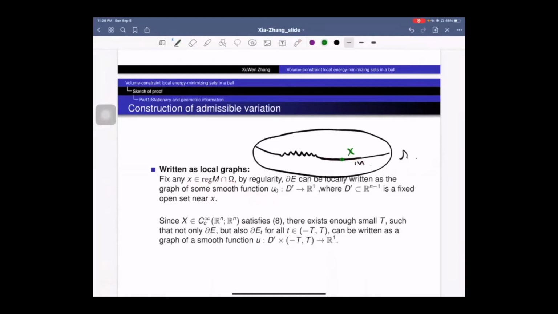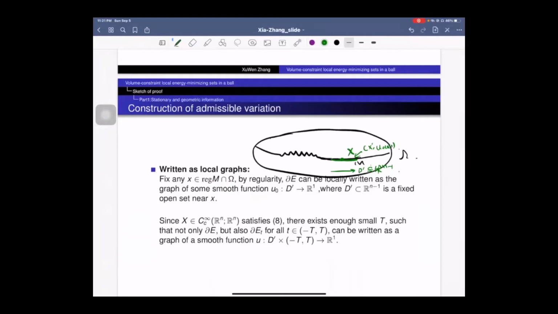For example, this is D prime, which is a domain in Rn-1, and partial E is this guy. Partial E can be written as a local graph U0. So this is X prime U0, X prime. But partial E is a graph.